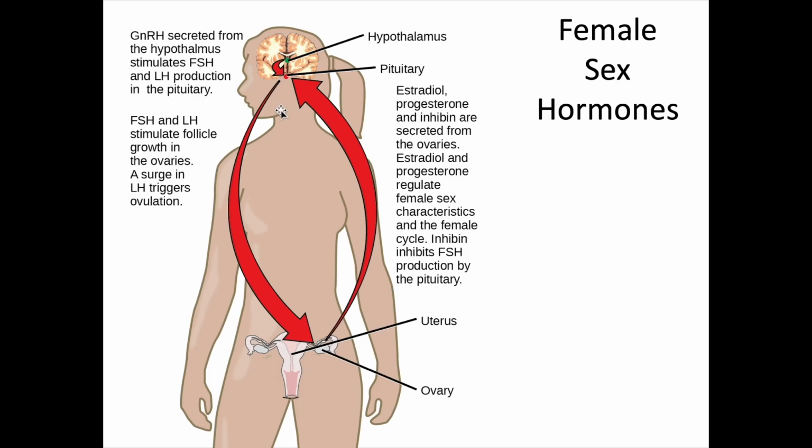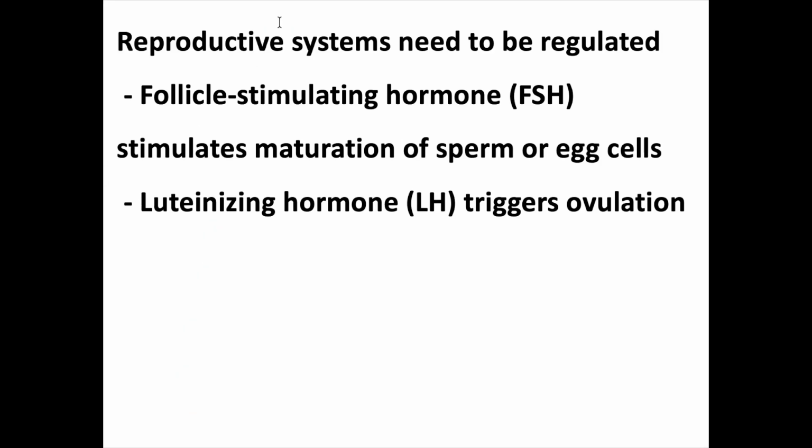Another system that needs to be regulated in the body is the reproductive systems. So once again, we have a figure that's not really that interesting, just showing hormones and the effect with some big arrows here. But let's look at FSH first. Reproductive systems need to be regulated.